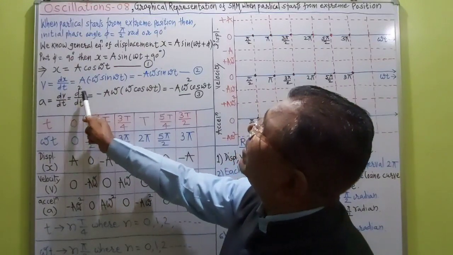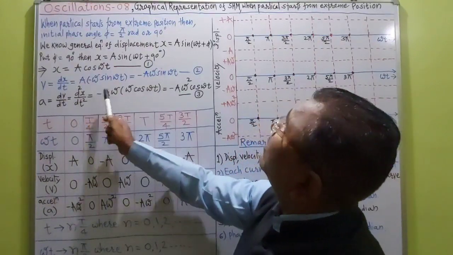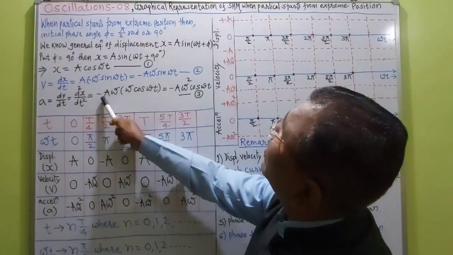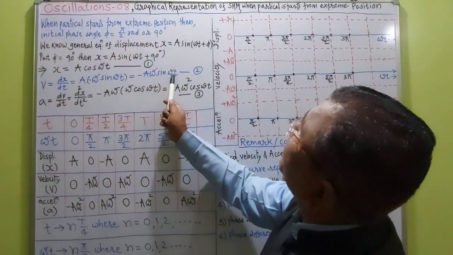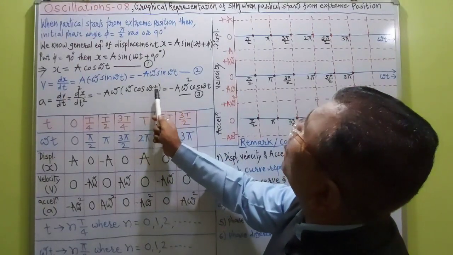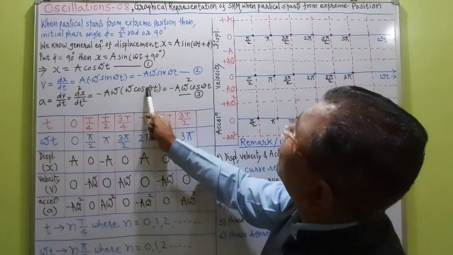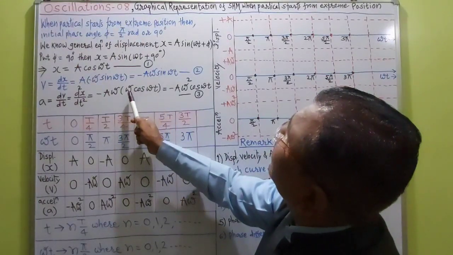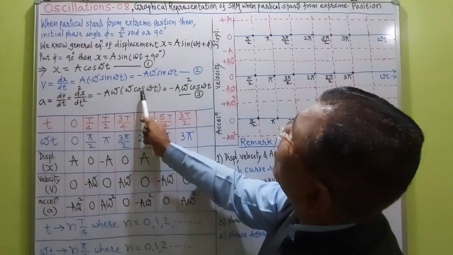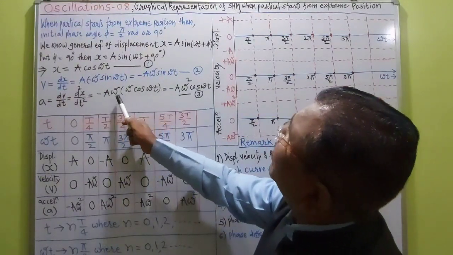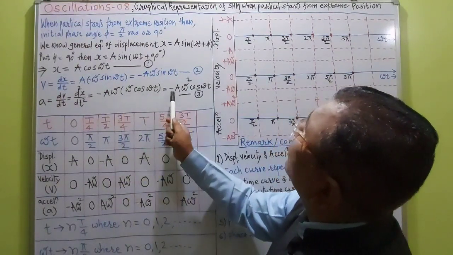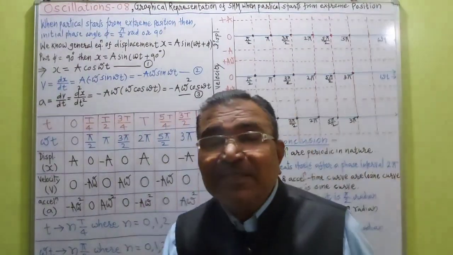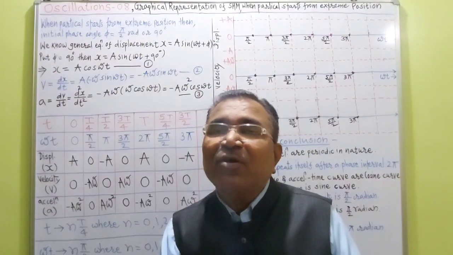We get d2x by dt square is equal to minus A omega, which is constant, times the derivative of sin omega t, which is cos of omega t. Again the derivative of omega t with respect to t is omega. So multiplying this omega with omega, we get minus A omega square cos of omega t. This is equation 3.